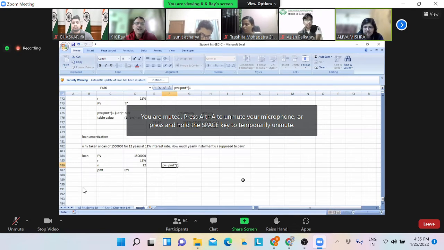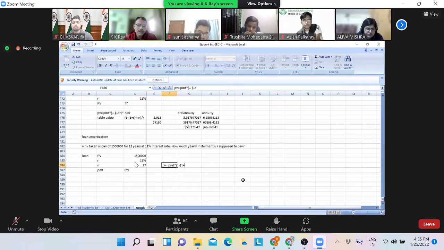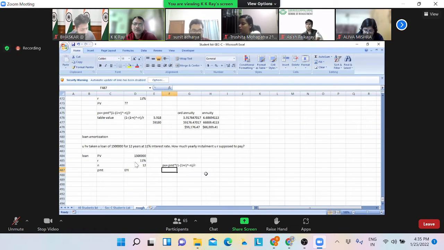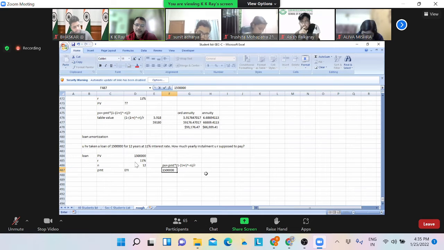This is the table value. Put the values here: present value equals 15 lakhs, equal to PMT, let's take it x, multiplied by the table value. Can you please see the table value and tell me? Last table. 6.49. 6.20, sir.